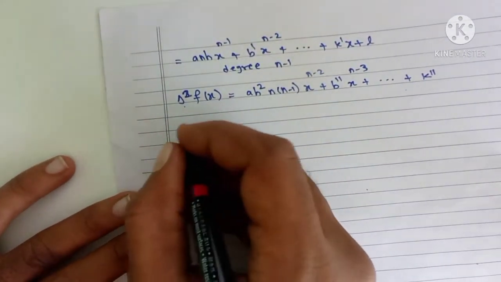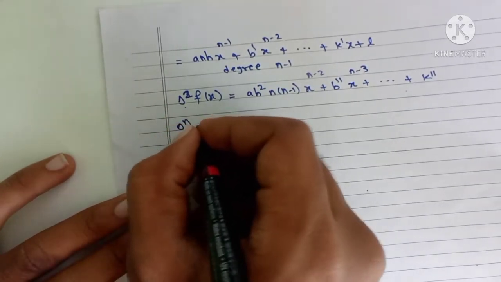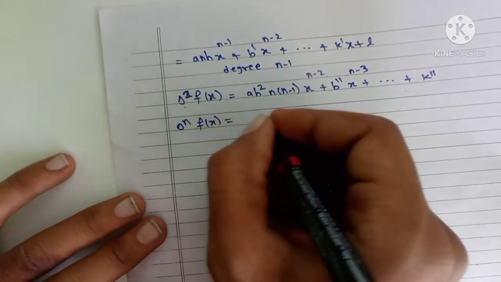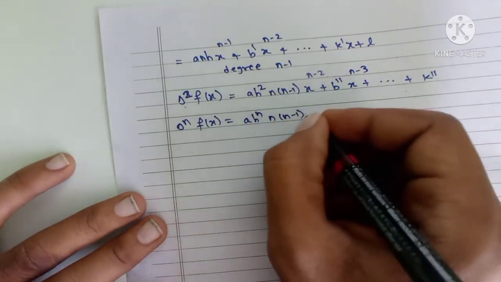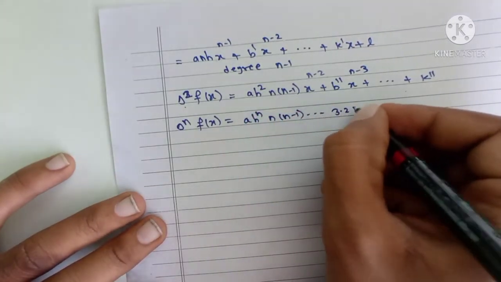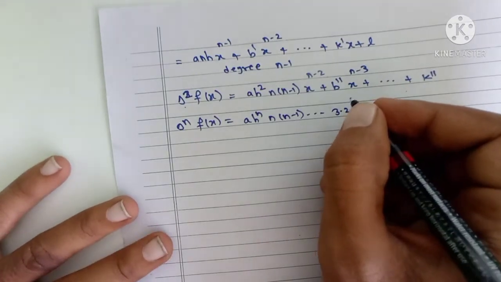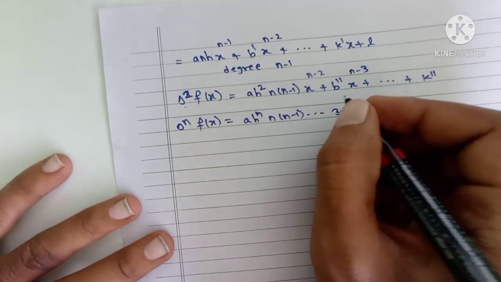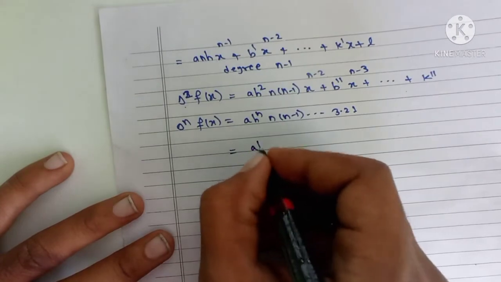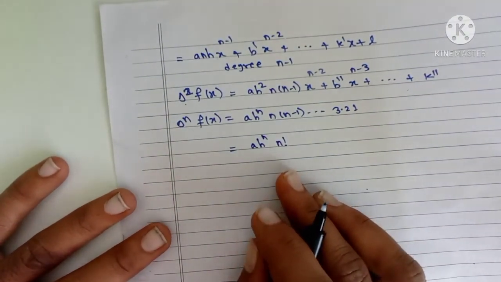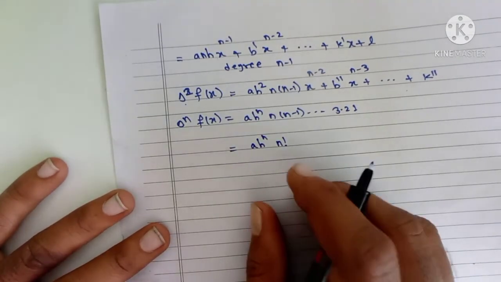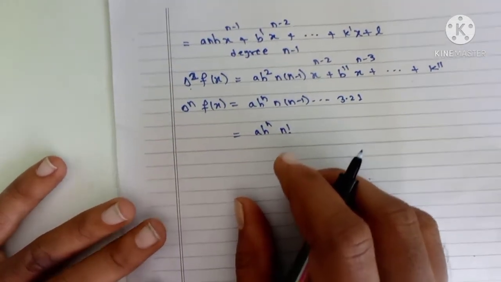Now the nth difference will be a h raised to n into n minus 1 dot dot dot 3 into 2 into 1. So it will be equal to a h raised to n into n factorial, which is constant. So according to the theorem, the nth difference of a rational integral function is constant.